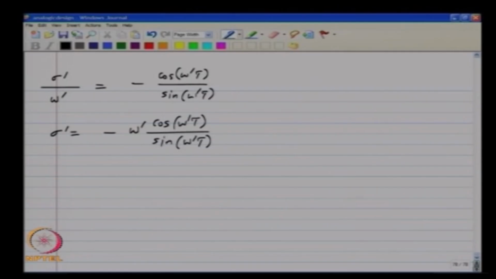I will rearrange it like this: sigma prime as a function of omega prime, and this can be further rewritten. I have taken a factor of tau out of the equation, and if you look at this, we have sin omega prime tau divided by omega prime tau, which is a sinc function.